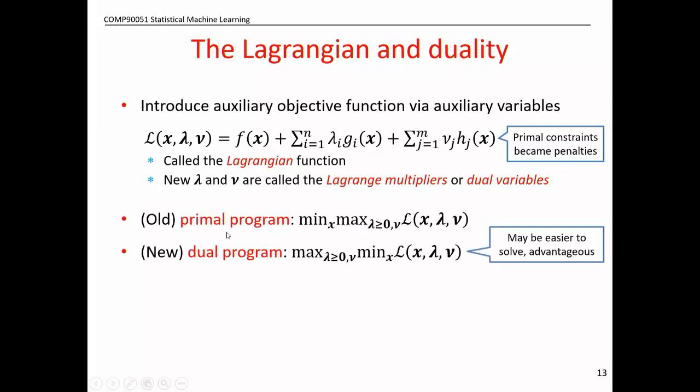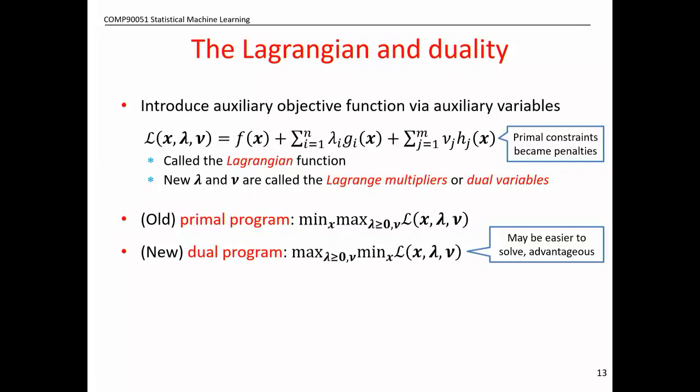So what I've argued for is that the original program is equivalent to this line. I've hand-wavily proven that minimizing this after cranking up lambda and nu as much as I need to is the same as minimizing the original constrained problem. And in maths, it's this bi-level optimization. So there's a max inside a min.